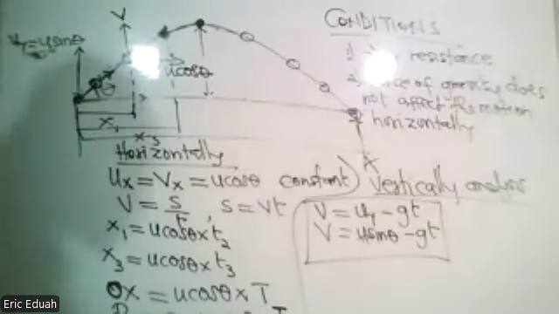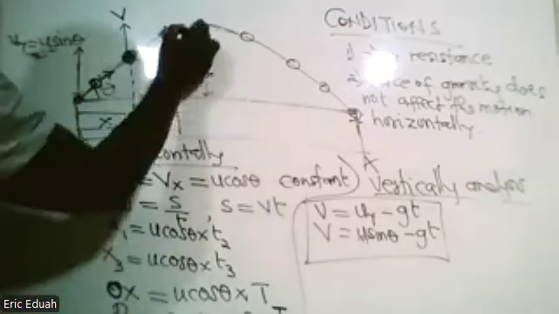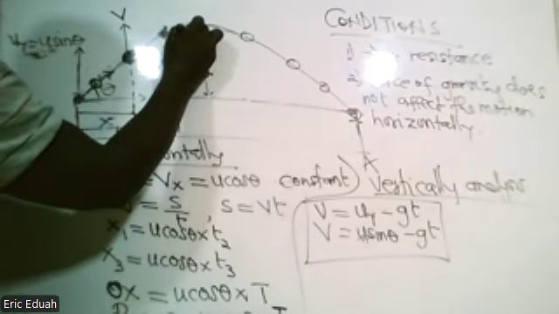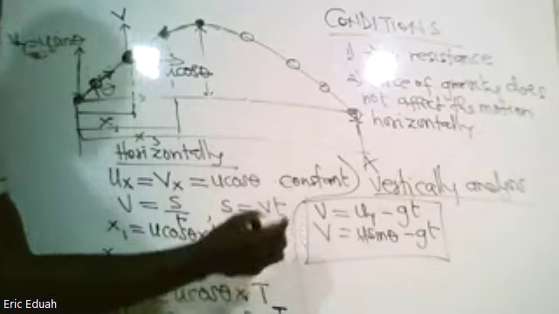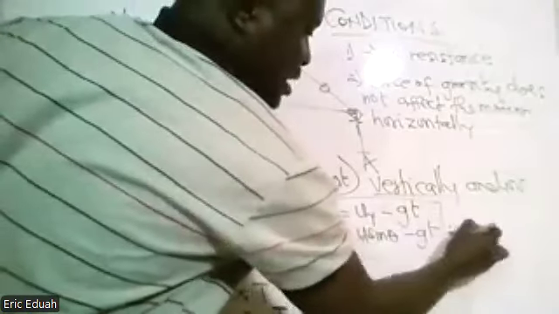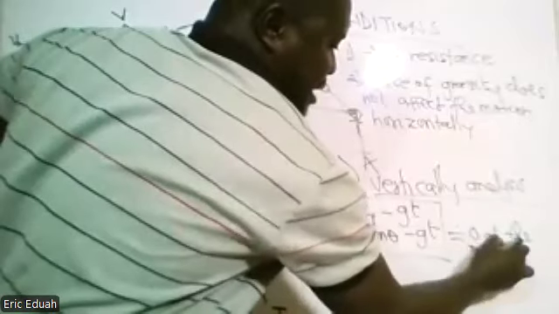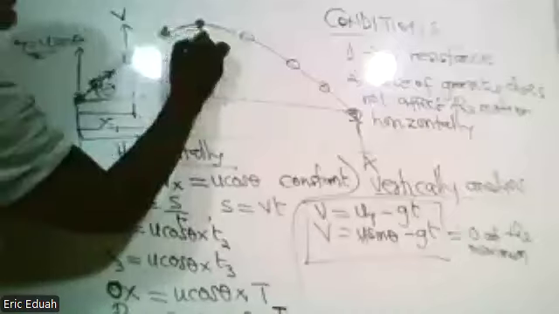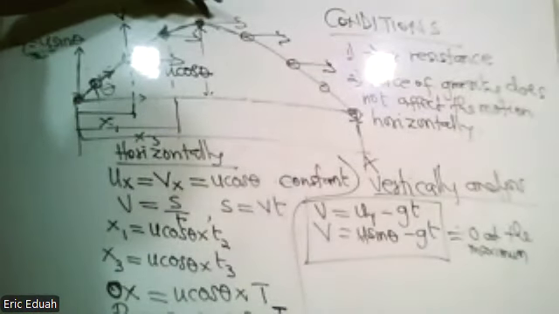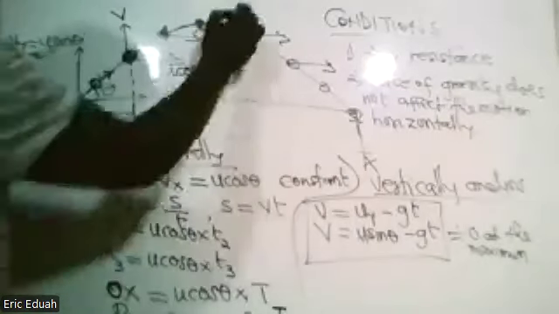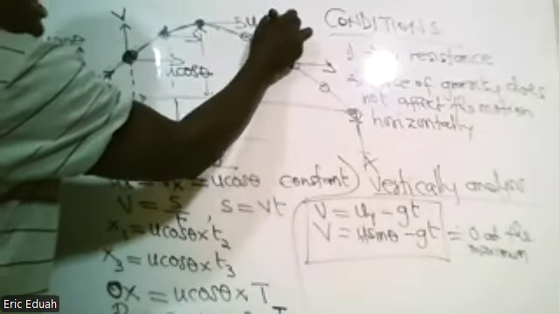Now, when it gets to the maximum height, because of gravity, the vertical velocity goes to 0. But the horizontal velocity is always constant no matter the position of the body. So at the maximum height, the vertical velocity is 0, but the horizontal velocity is there, u cos theta.